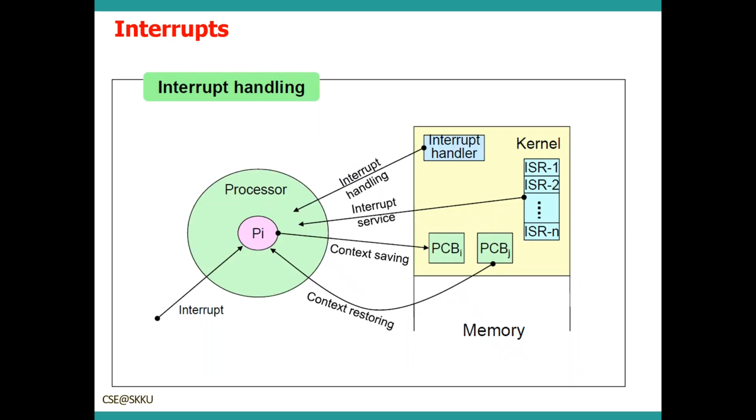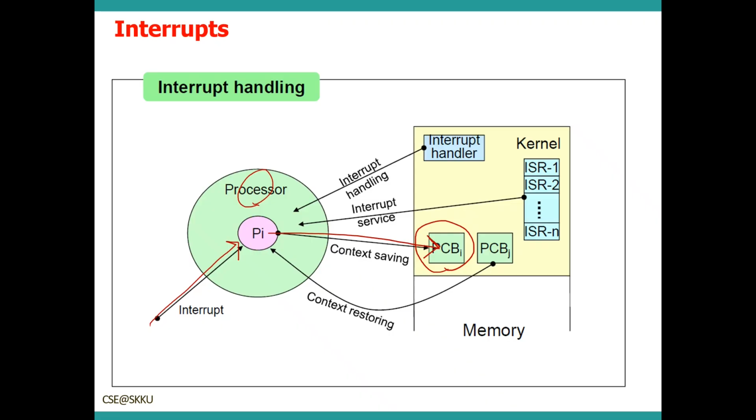So this slide also explains the related events and data structures for interrupt handling. So the process must receive the interrupt signal from the I/O device. Then the currently executing process must be stopped. So the current context is saved into kernel memory.